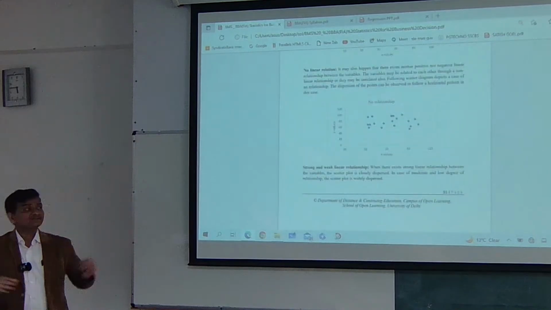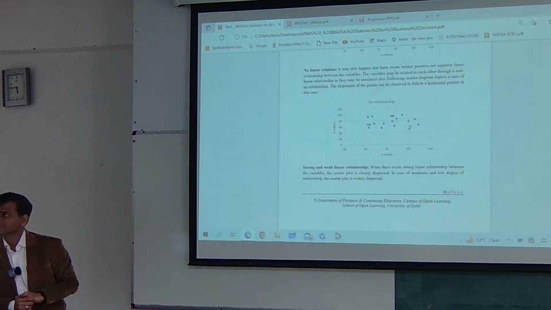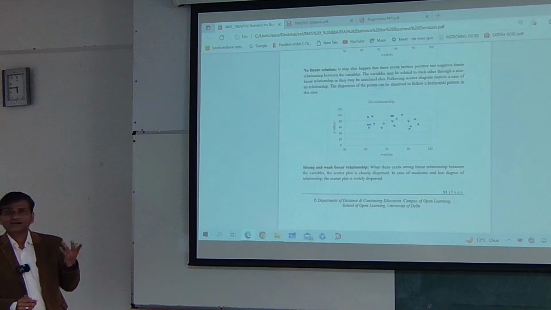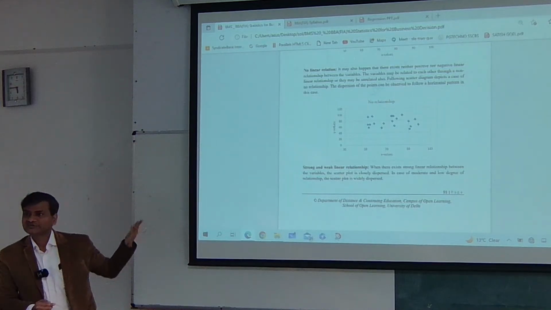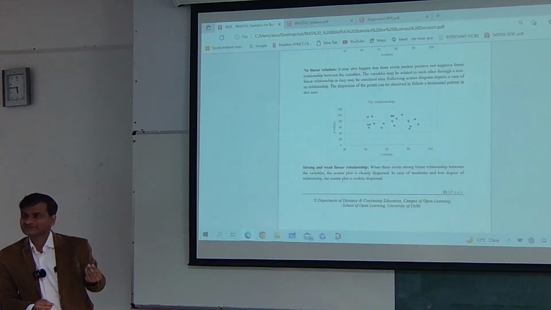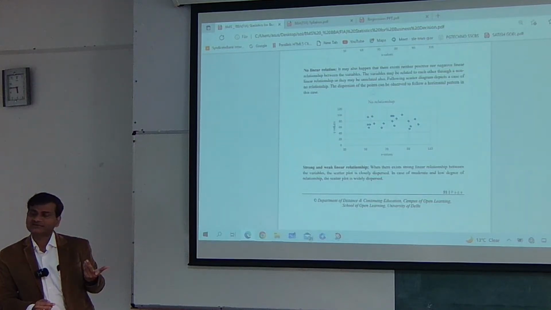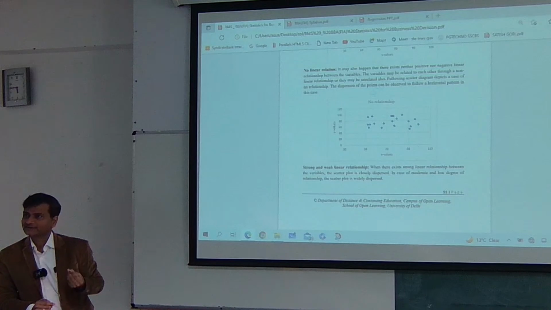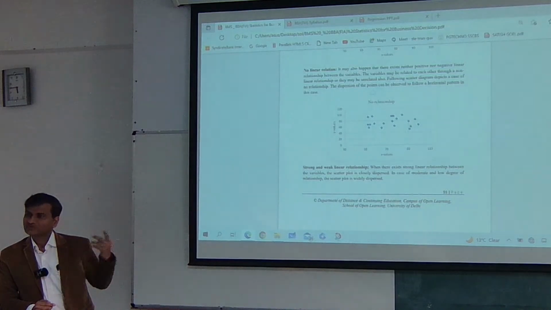Further, if you have this type of relation, that means you are not sure what is happening. If you increase x, then y may be random. Sometimes it is increasing, sometimes it may be decreasing, or sometimes it may be constant. Then what would you call this?